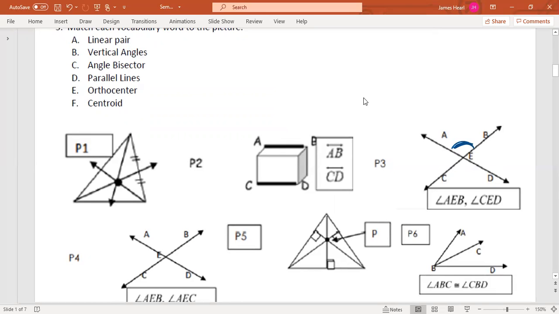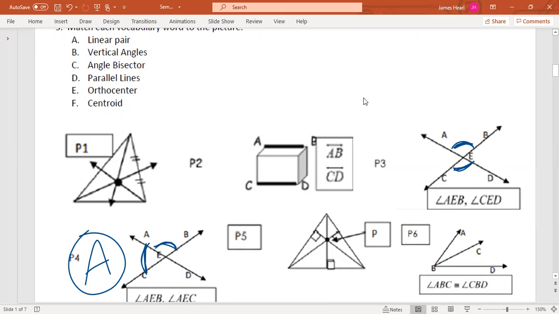And we also have angle CED, which would be the one across from it. That's not a linear pair, so odds are 4 is the correct answer, but let's be thorough. AEB is the one on top again, and AEC is the one next to it. These two, so this one is where our A is going to go. It must be picture 4, but that does help us with the next one as well.